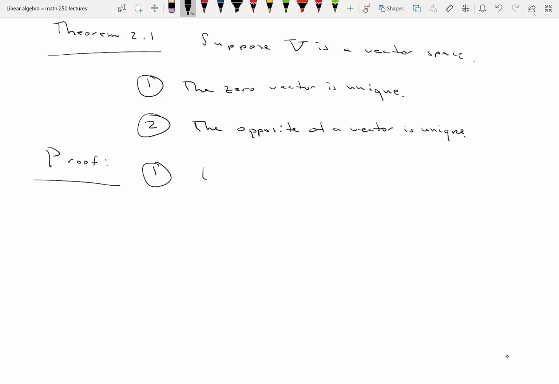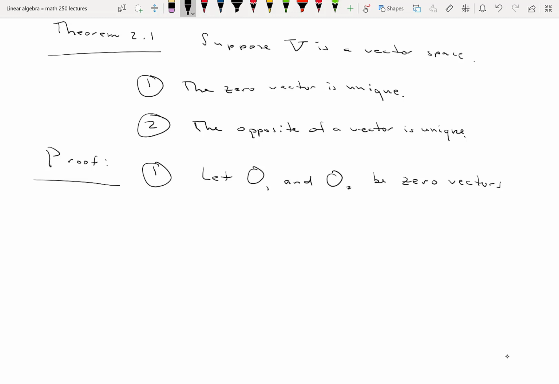So let 0 sub 1 and 0 sub 2 be zero vectors. I want to show that they're equal to each other.